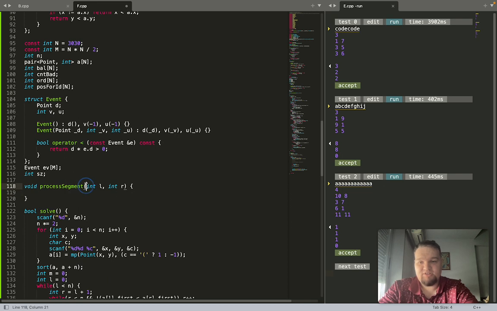I want to reverse the segment from L to R and recalculate balances inside and calculate them in SYN-Tibet again.